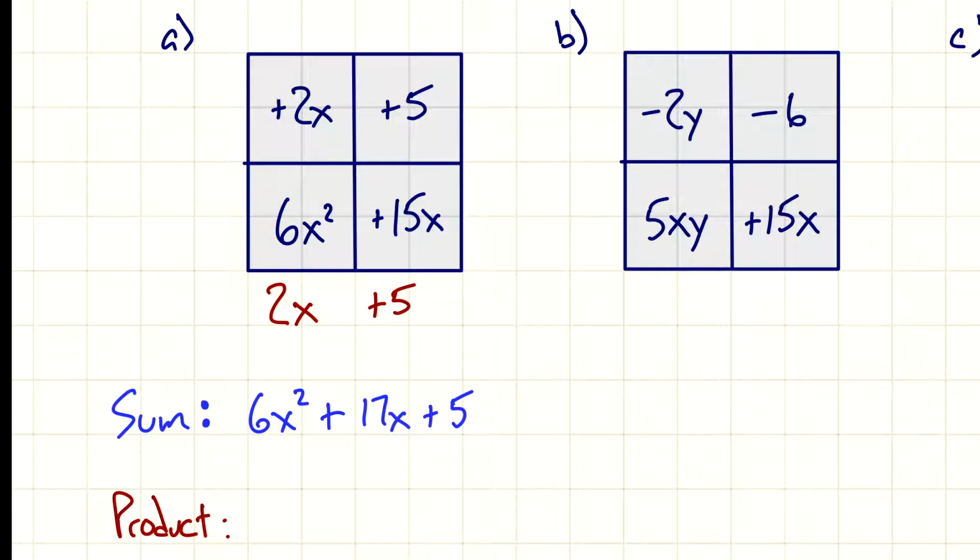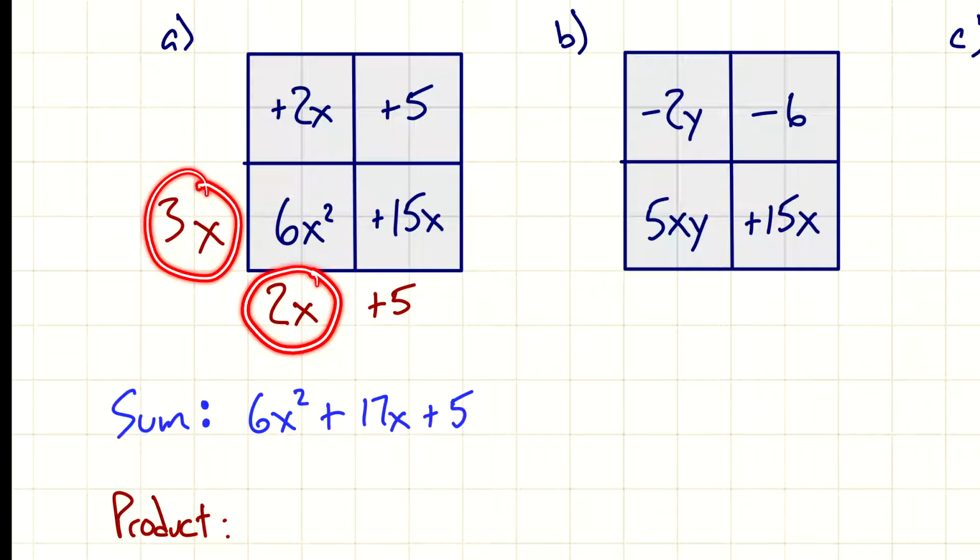If you can't think of it, then just go ahead with the greatest common factor and think about what number goes into 6 and 15. Well, 6 doesn't go into 15, but I believe 3 does. And you should notice that there's an x squared and there's an x. So at most, they're going to have an x in common. And if we test that out, 2x times 3x should give us 6x squared.